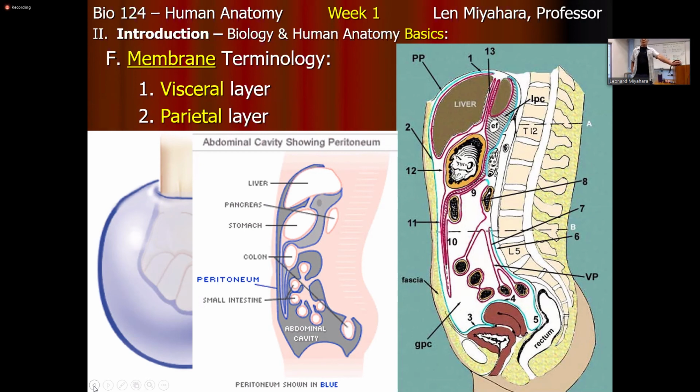So if you look at this tall picture on the right, on the very bottom here is a VP, and that stands for visceral peritoneum, the lining in the abdominal pelvic cavity, and it's purple. It's stuck on the organs. It's got a layer stuck on the organs. That's visceral peritoneum. If you want to spell peritoneum, here it is right there.